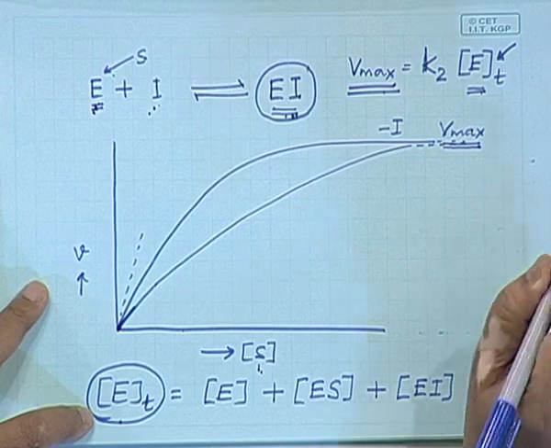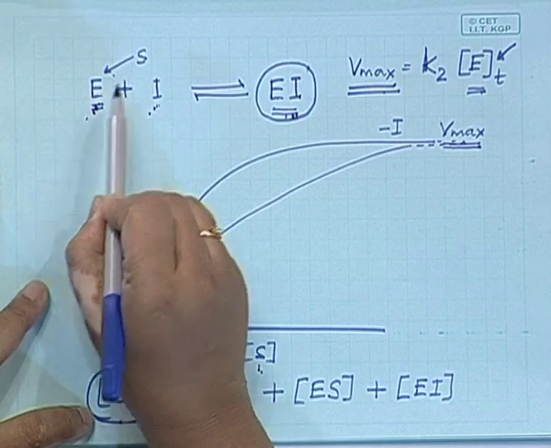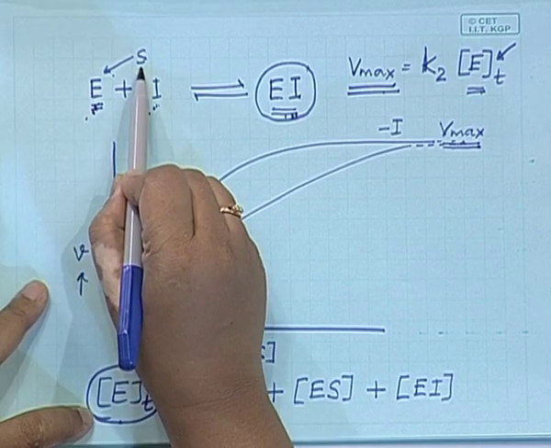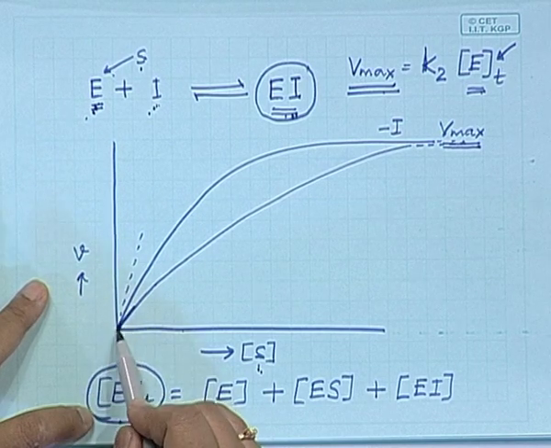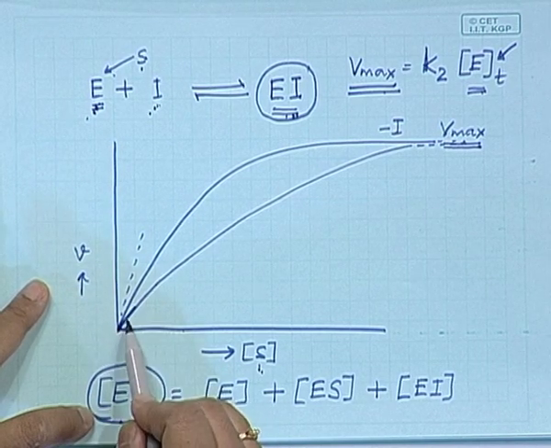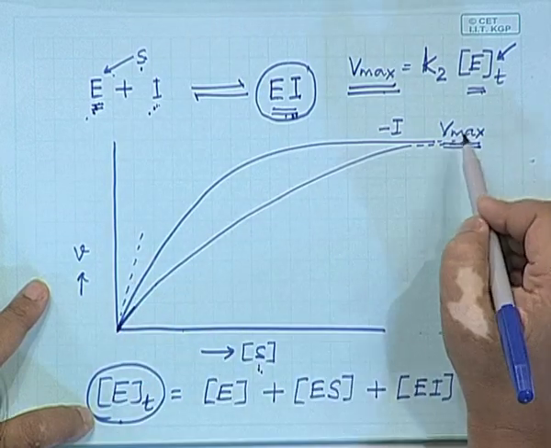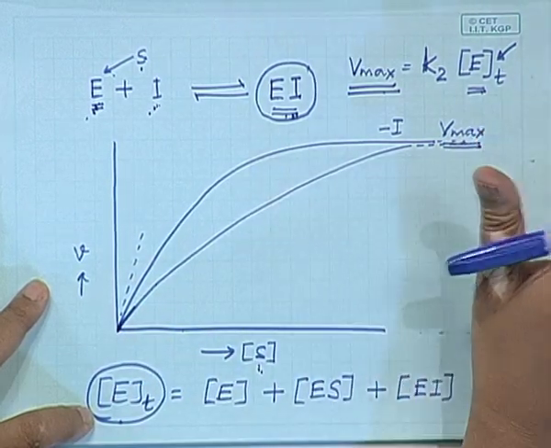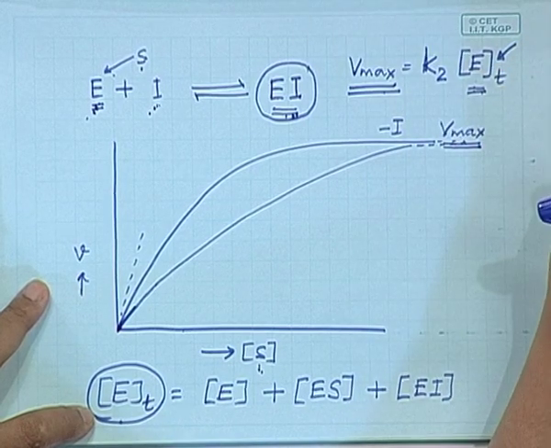So, in competitive inhibition, when my inhibitor is competing for the same site that the substrate is, then the initial velocity with the inhibitor is going to be less than the initial velocity without the inhibitor. My Vmax is going to be exactly the same because the total enzyme available is the same.